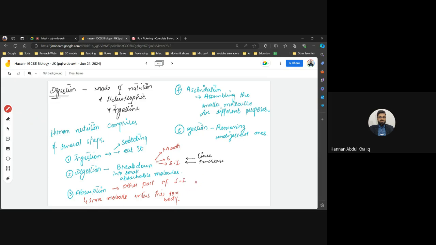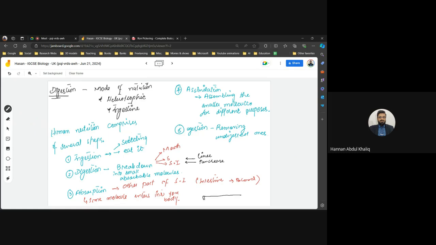And absorption means that the food has to move from the intestine into the blood. Remember, this is the real definition of absorption. That is when the molecules enter into your body. Otherwise, entering into the alimentary canal does not mean that they have entered into your body, because the alimentary canal has two ends.